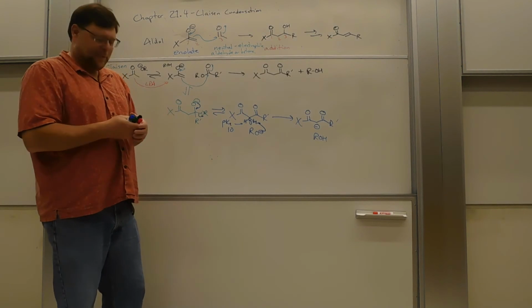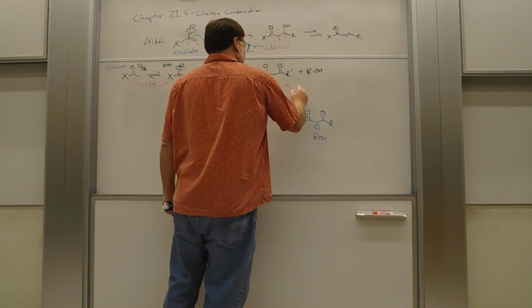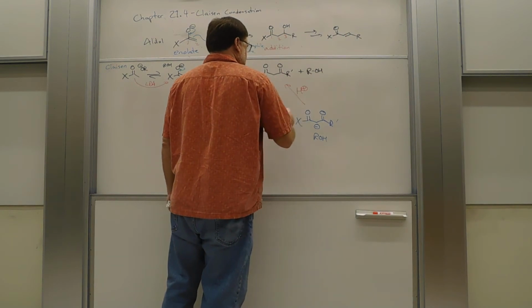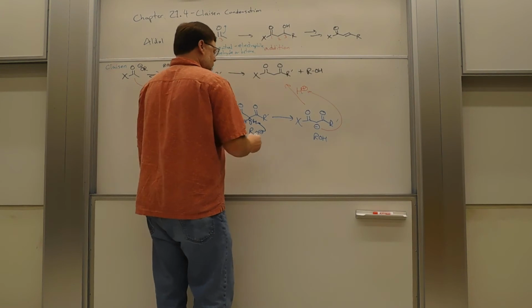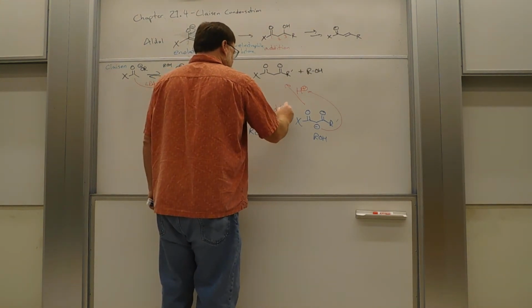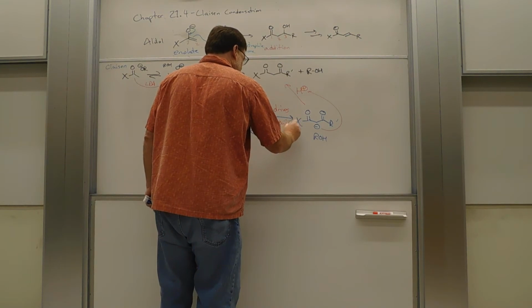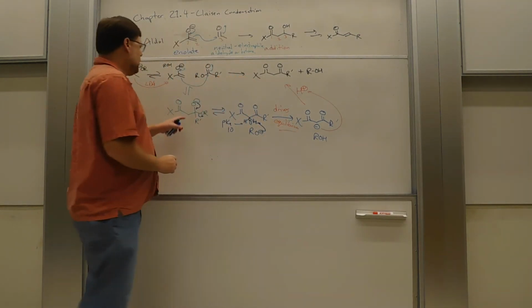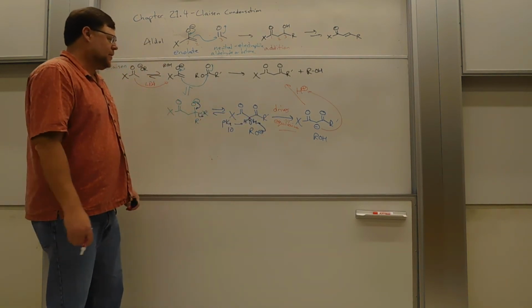The last step of a Claisen is pretty obvious then. You have to protonate. The negative charge grabs the H. This third step drives the equilibrium. If you don't have this third step, the Claisen doesn't happen.